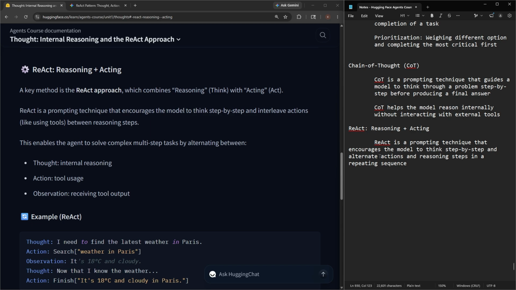And then we can also put actions, like using tools. There we go. All right, cool.